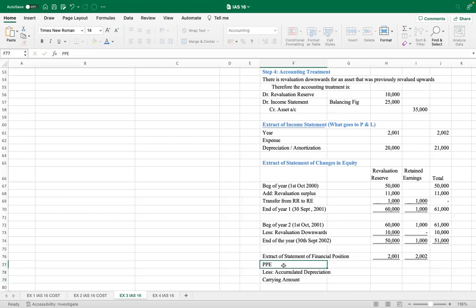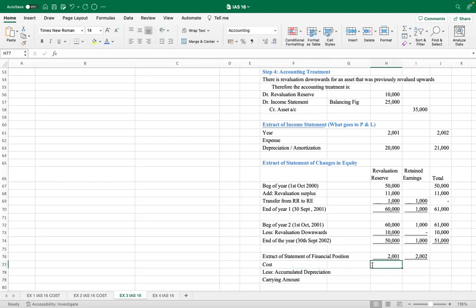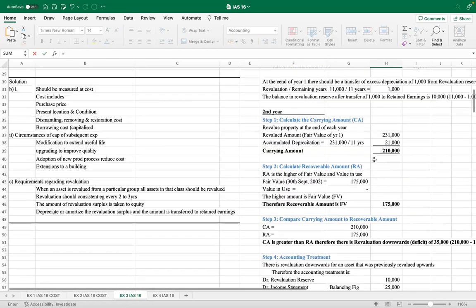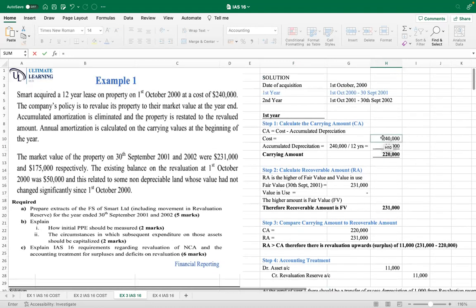Let me not call it PPE, we call it cost of an asset. And this one we have started with assets. So the cost of the asset in year one, the cost was 240.